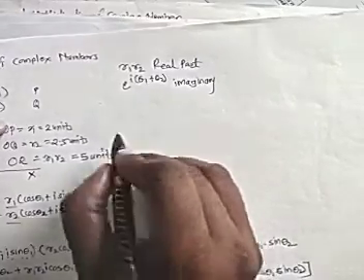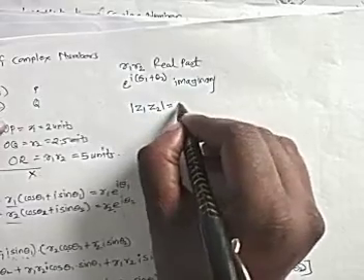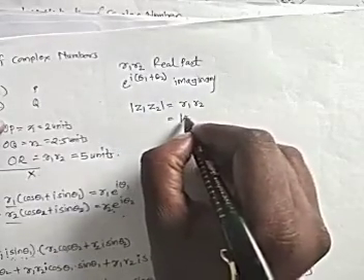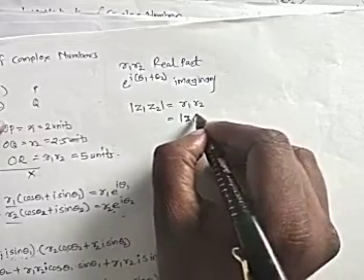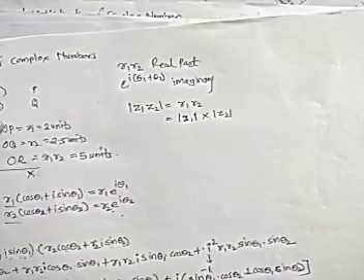This concludes that the mod of Z1 Z2 is equal to R1 R2, that is mod of Z1 into mod of Z2, right?